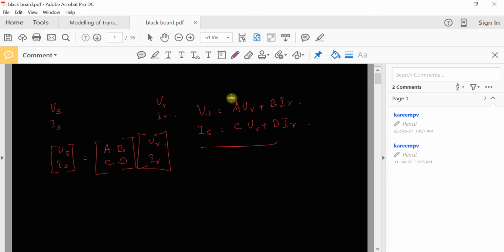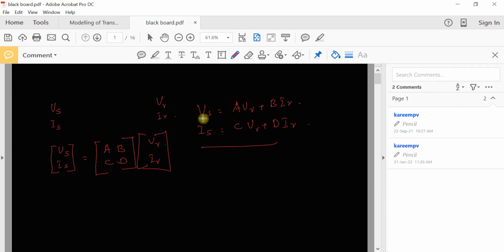From this expression you can see that the transmission line parameter A will be the coefficient of Vr when we express the sending end voltage Vs in terms of Vr and Ir. Similarly, B is the coefficient of Ir when we express Vs in terms of Vr and Ir. And similarly you can get the parameters C and D from the expression for Is.